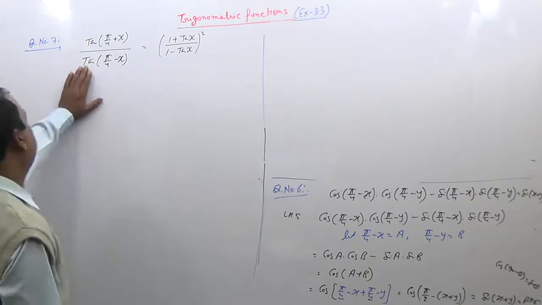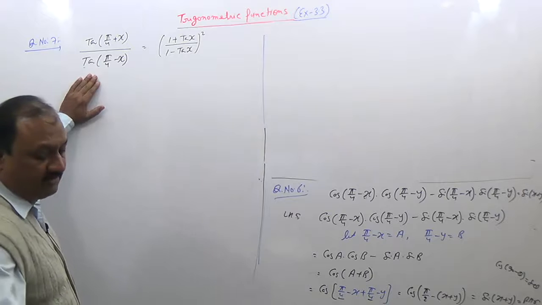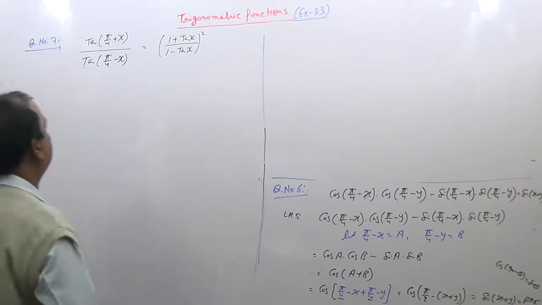So this one has the identities tan(π/4 + x) and tan(π/4 − x). There are two identities.